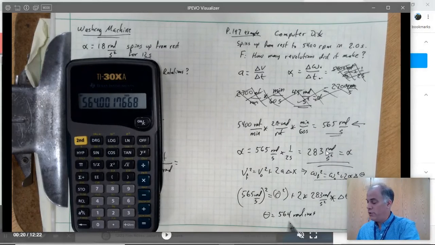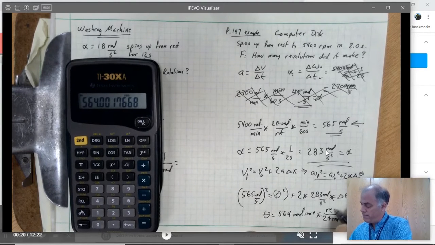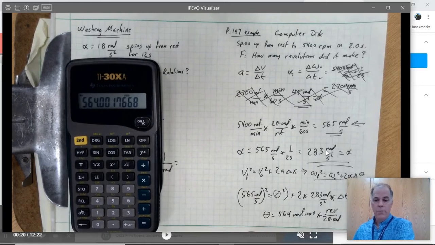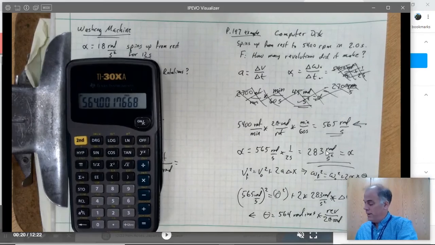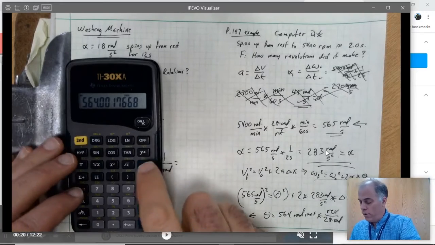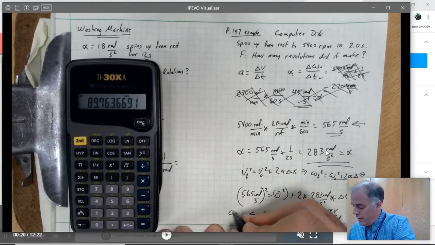So we need to convert these radians into revolutions. So we're going to multiply this by 2 pi radians per revolution. And I'm running out of room here, so I'm going to put the answer over here. 564 divided by 2 divided by pi equals 90 rotations.